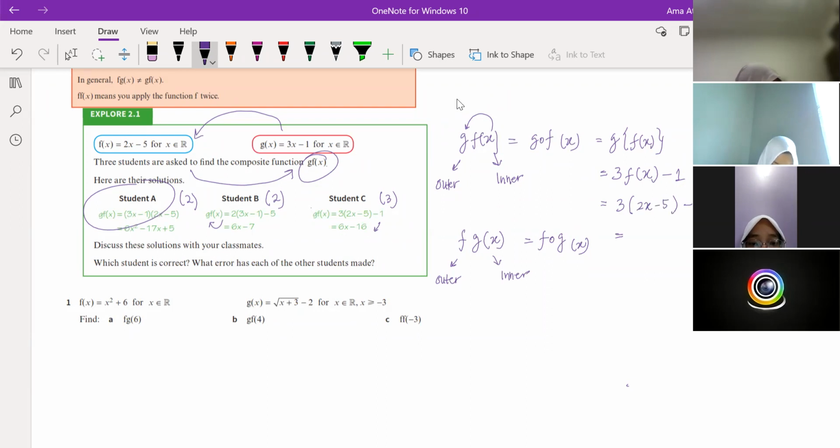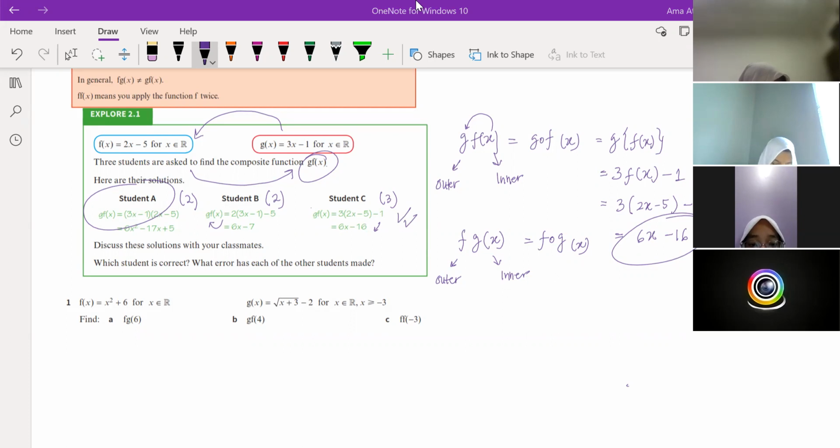And therefore, we will get 6x minus 15, and then minus 1 is minus 16. Therefore, the correct answer is student C. Student C also got the most votes. So inshallah, there will be more students who can solve the questions of compositions.